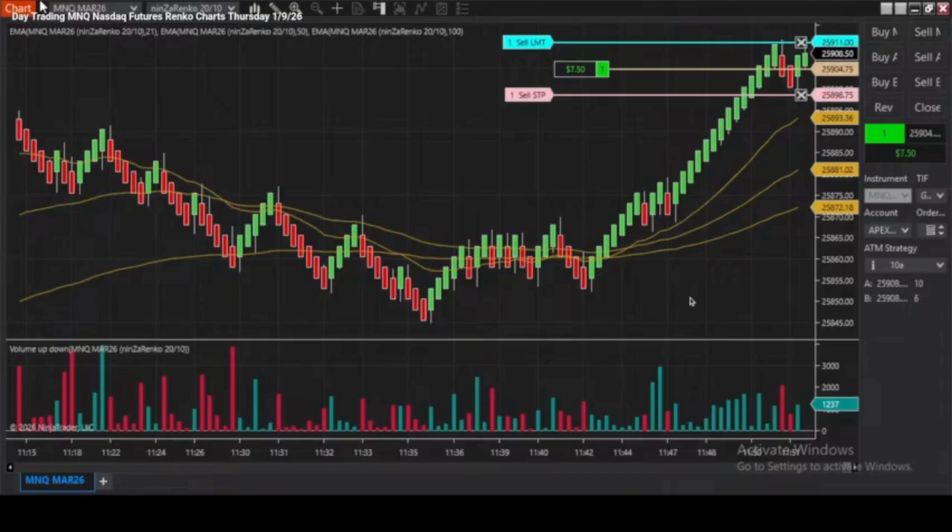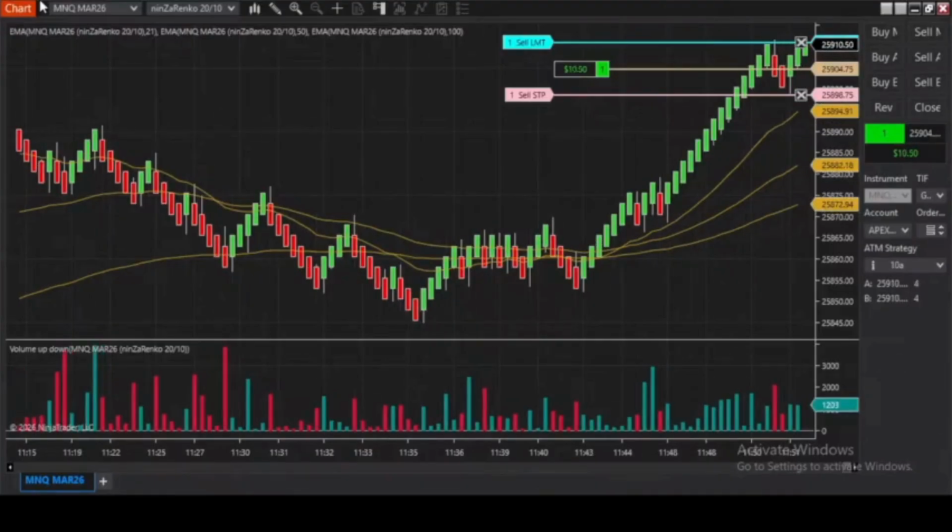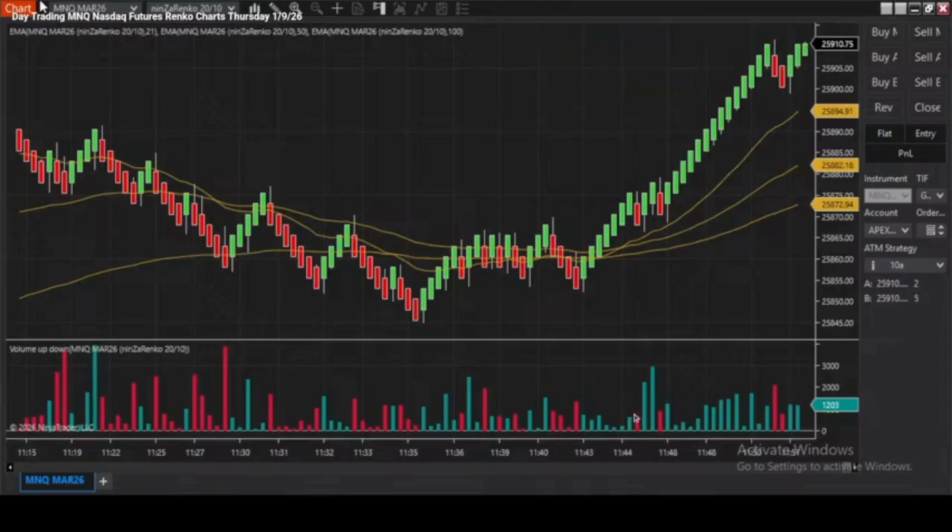Pretty sure we get the profit here, unless I move the stop to break even and get stopped out. Let's see what happens. All right. There it is. Come on. Order canceled. All right.